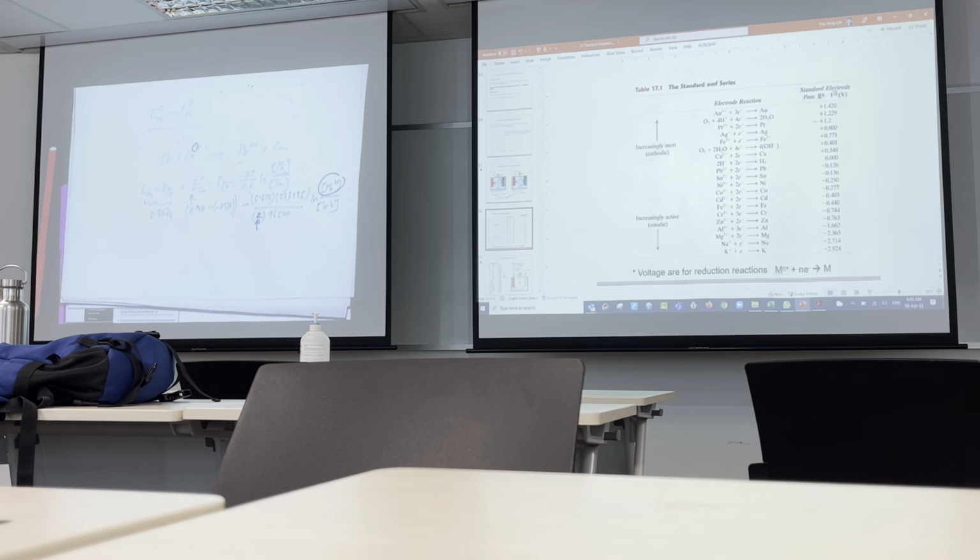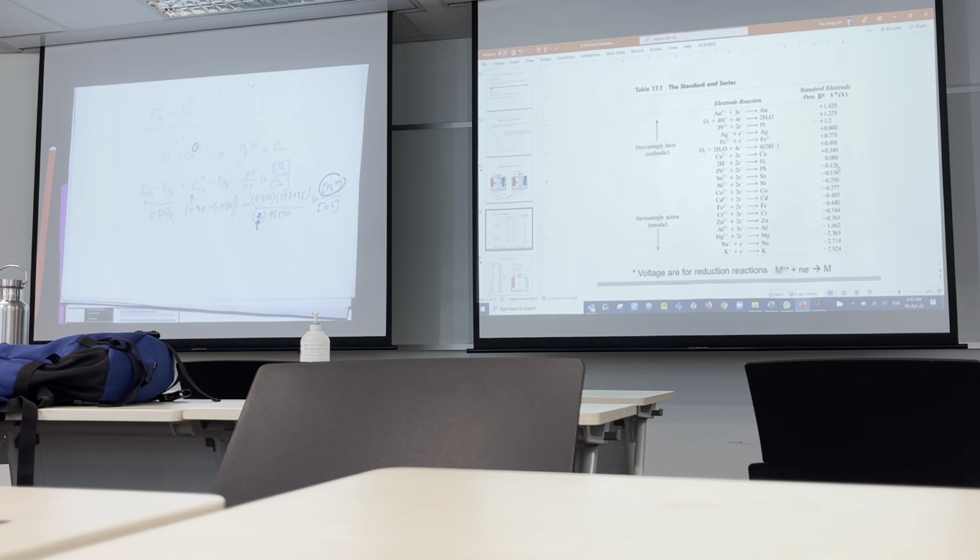Standard electrode potentials. Okay, I go and hunt for copper. Copper, where? Plus 0.34. And here you can see lead, negative 0.126. Yeah, minus 0.126.